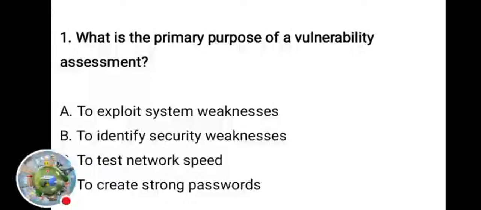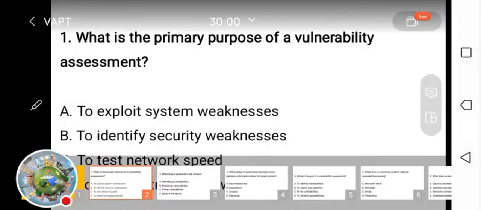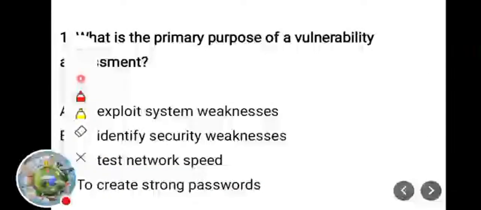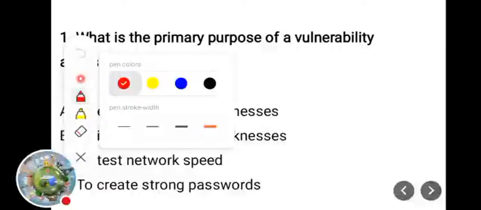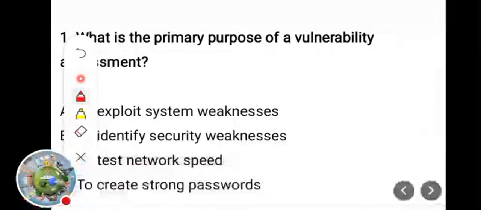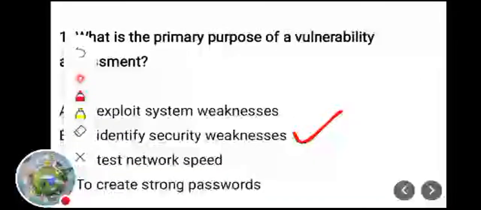So, your answer will be written in the comment section. The answer is B, to identify security weakness.